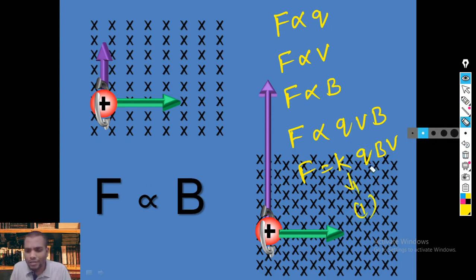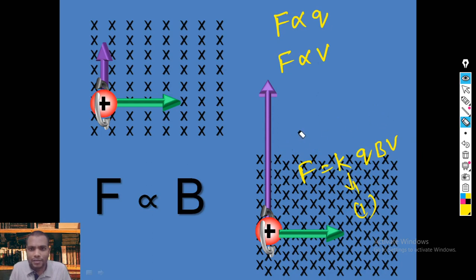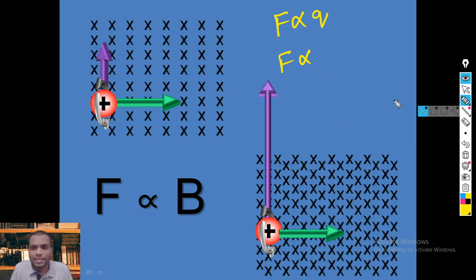Here, one small change, especially when it comes to the velocity component. Velocity is a vector when the charge is moving, so it has two components, a horizontal component and a vertical component.